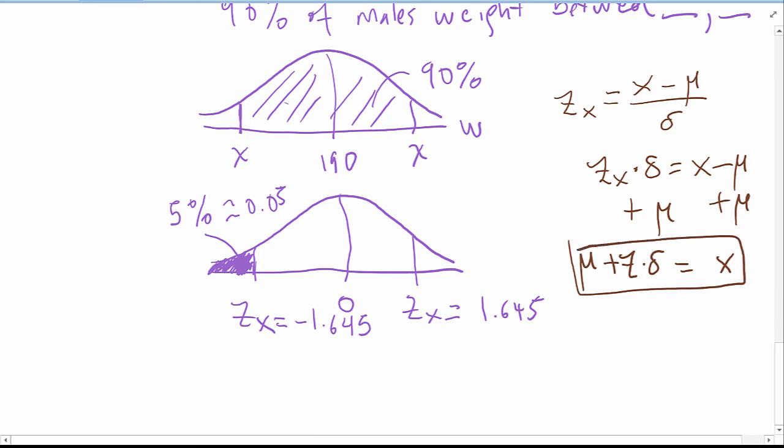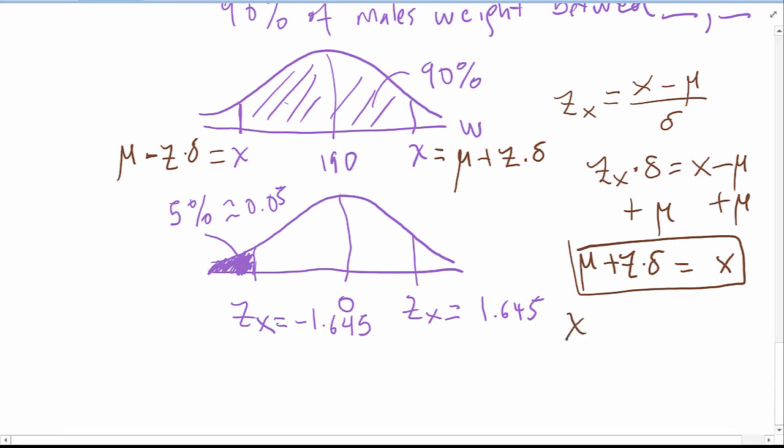So the upper x value is going to be the mean plus z-score times standard deviation. And the lower value is going to be the mean of the population minus, because the z-score is negative, z value times the standard deviation, all right? And that's it.